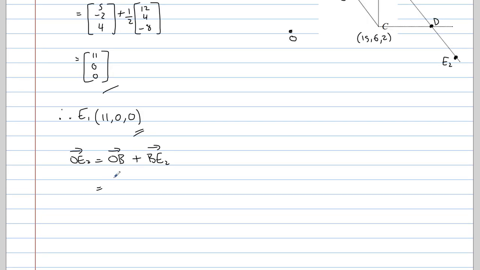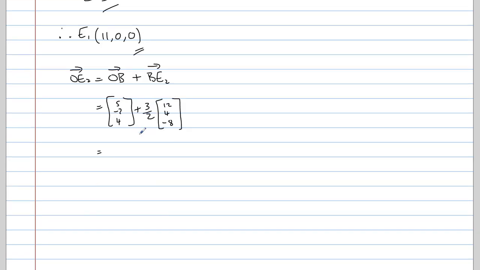So this time we're going to have 5, minus 2, 4, the same as last time, plus 3 over 2 multiplied by the vector AC, which we calculated as 12, 4, negative 8. And that's going to give us 5 plus 18, which is 23, minus 2 plus 6, which is going to give us 4, and 4 minus 12, which is going to give us minus 8. And that means that E2 will have the coordinates 23, 4, negative 8.